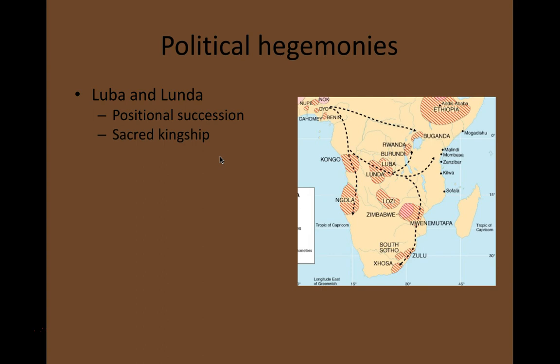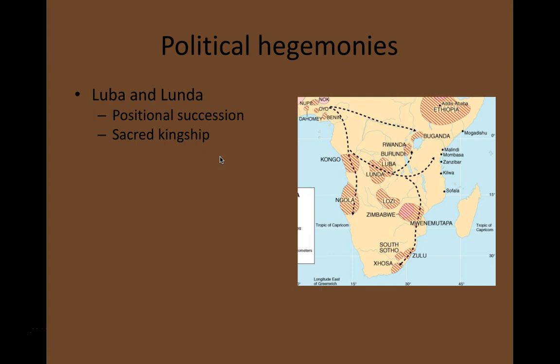Now, the king was the overall ruler, but the day-to-day power was conducted by people who held positions, kind of noble positions, governmental power positions in the society. These passed from father to son in important families. And so there was an element of nobility to this as well.